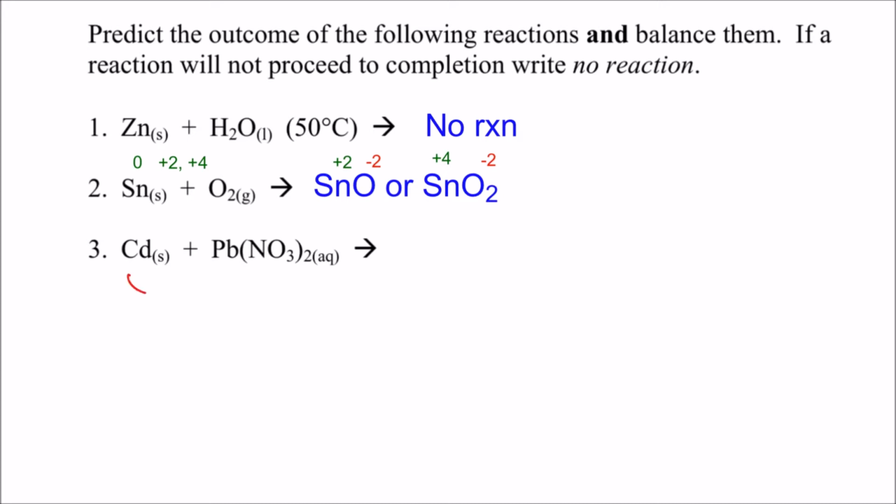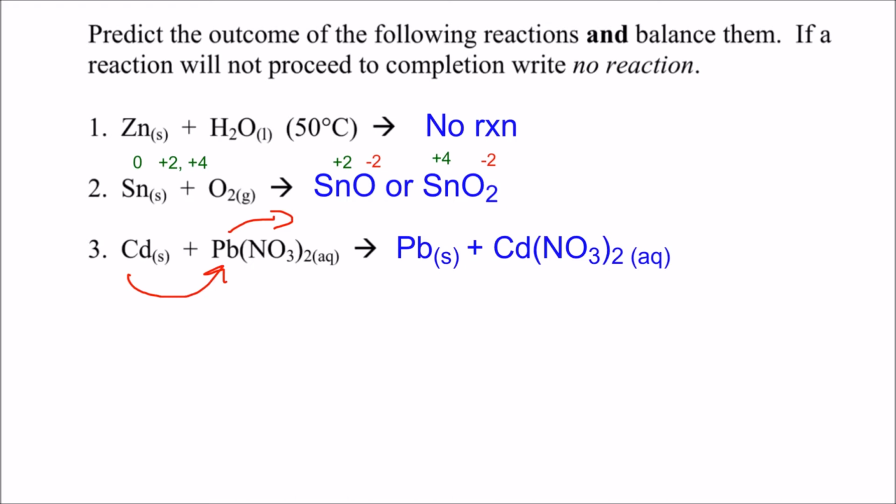Okay, so cadmium is going to come in here and kick lead out, so that we're going to make lead plus cadmium nitrate. Okay, now cadmium is only a +2 element. It doesn't have multiple charges, so that's where this 2 over here came from. Alright, and we have made lead the element because it got kicked out, so that's going to be solid because metals are solid according to our 7 rules for predicting states of matter.